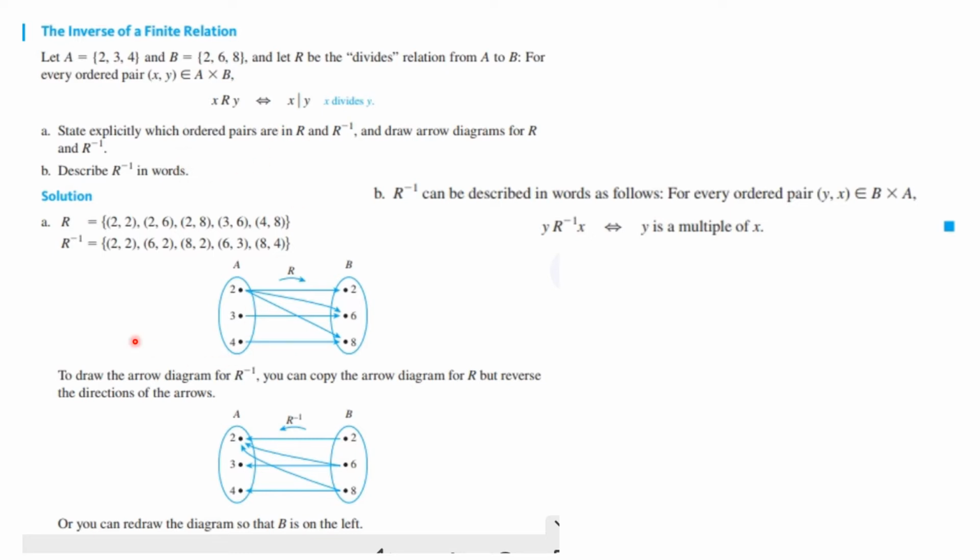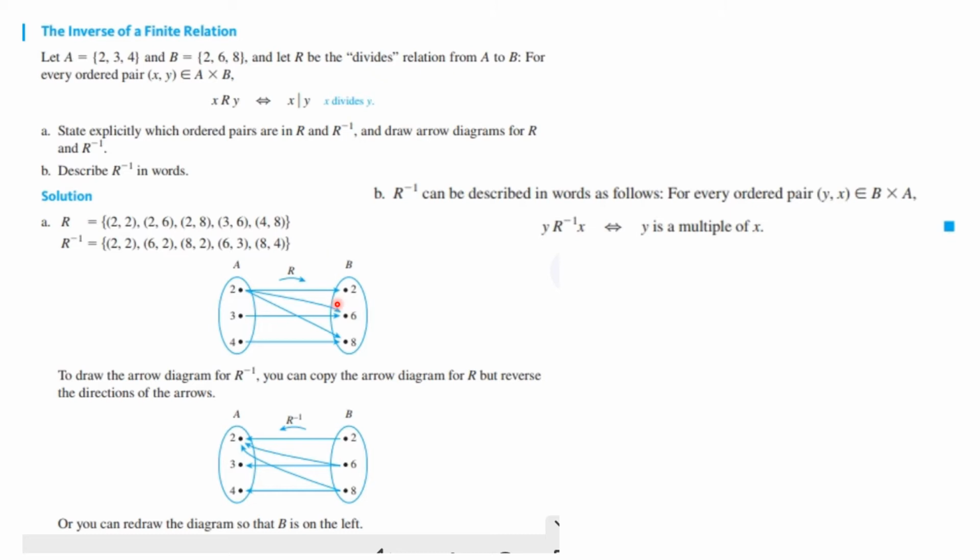Okay, let's talk about that. We're saying which ones divide. So 2 divides 2, 2 divides 6, 2 divides 8, 3 divides 6, and 4 divides 8. That's a complete listing of R as defined up here. Now for R inverse, we just switch the x's and y's, and we get this set.